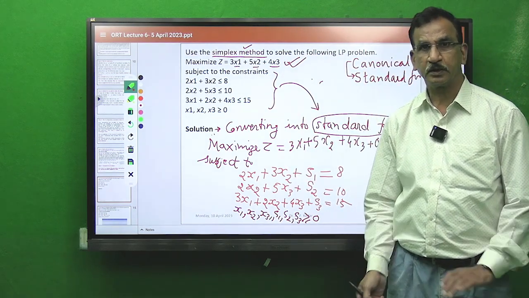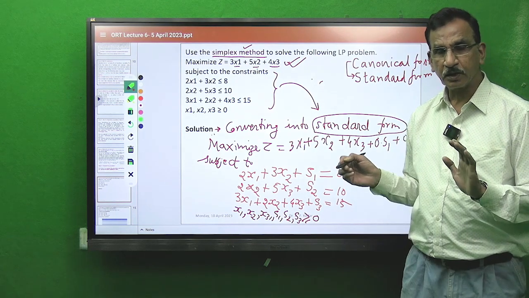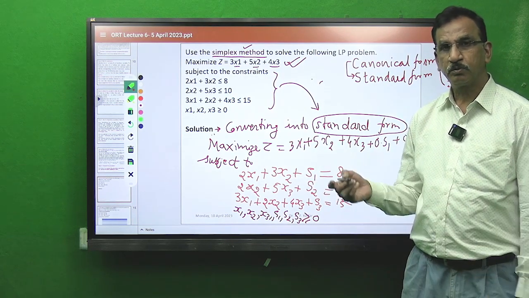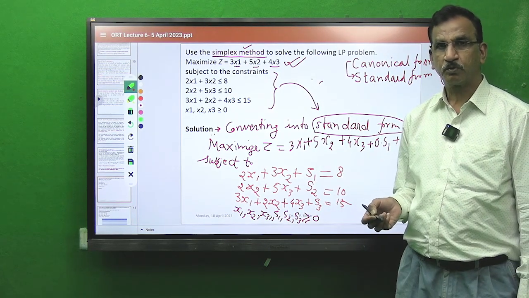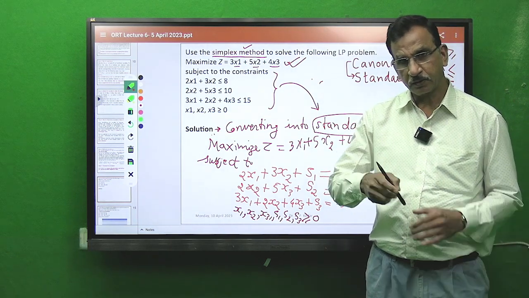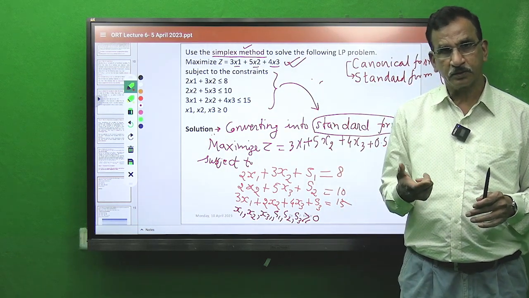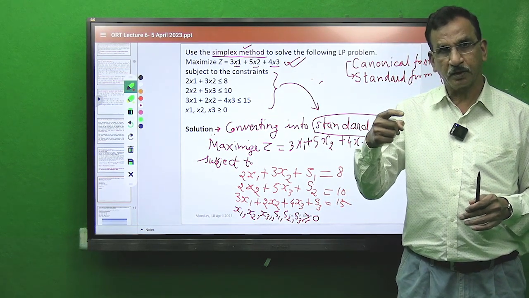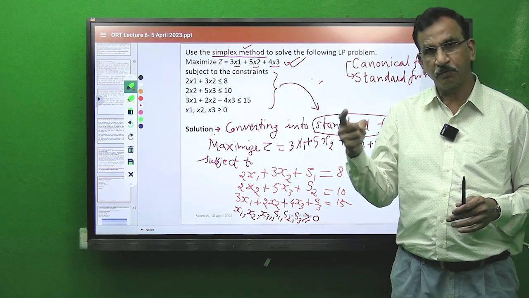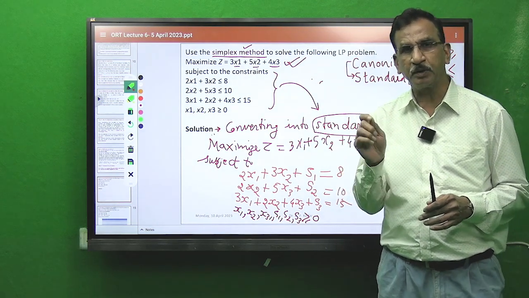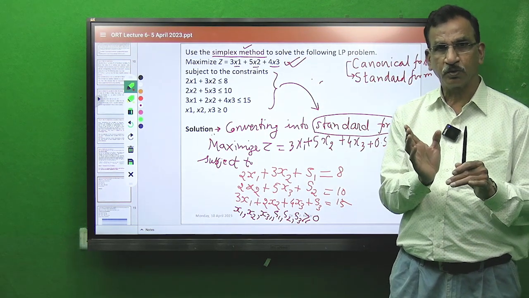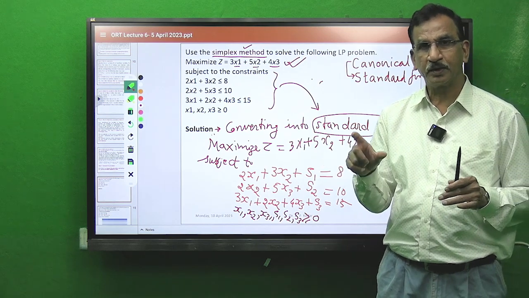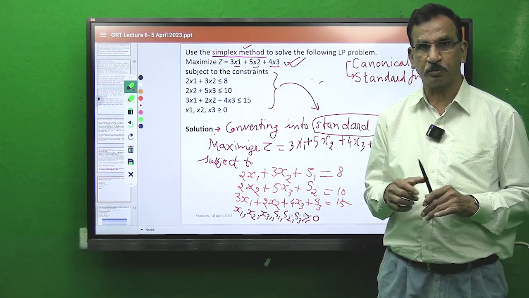I think this is very clear now. Once we are ready with this, we can now proceed further for finding, or we can say algorithm wise improving algorithm step by step, and we will reach to final optimal algorithm where that algorithm will terminate and we will get final solution to the problem.